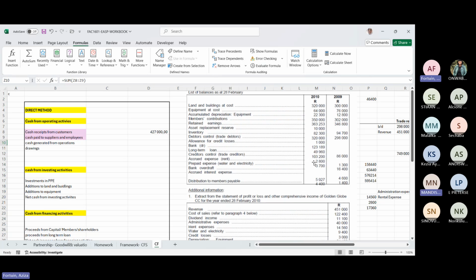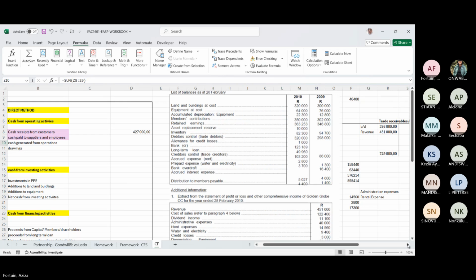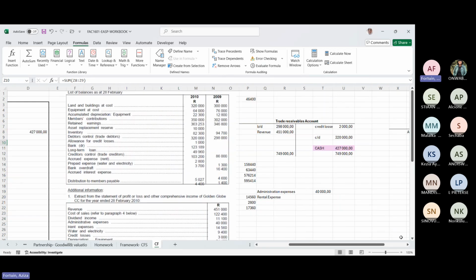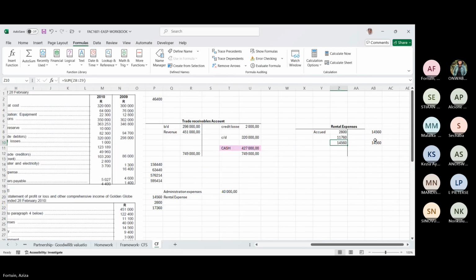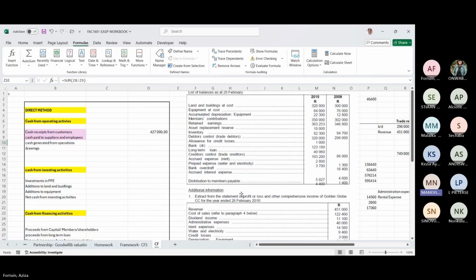It's an accrued expense of 2.8. That's why I added it, because it's an accrued. No, it's going to be on the opposite side of your T account. Wasn't I supposed to subtract it if it was a prepaid? Because now it's an accrued, which means it's short. They haven't paid 2,800 for 2010. They are short of 2,800. So now I'm supposed to add it to the 14,000 something. No, this rental expense is already included in your profit and loss. That's why you must put it on the opposite side.